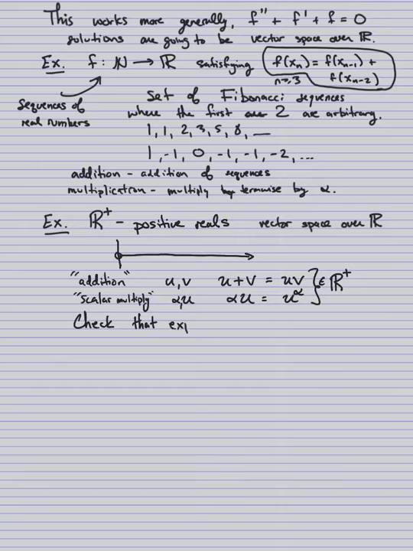And you can check that the rules of exponents, the laws of exponents, guarantee the axioms that we require from addition and scalar multiplication. I won't do this, I'll just leave it for you: what is the 0 vector here?